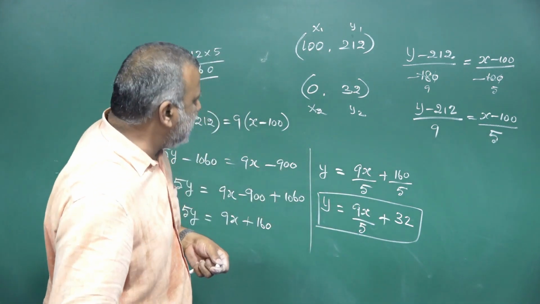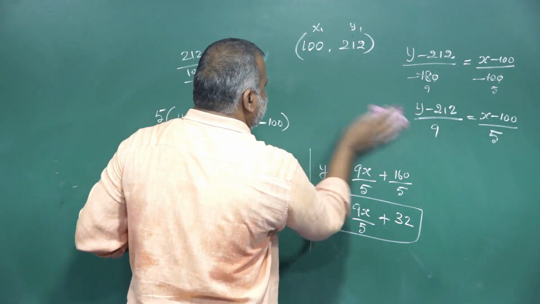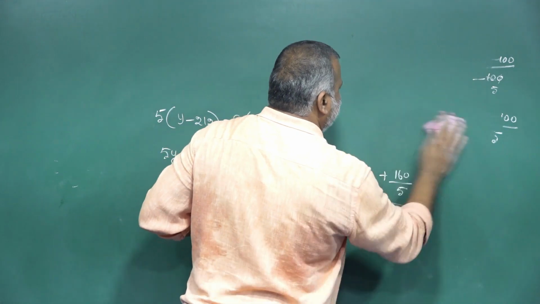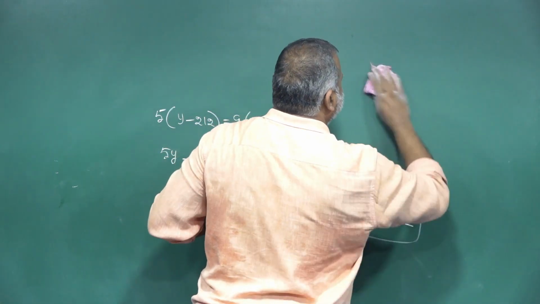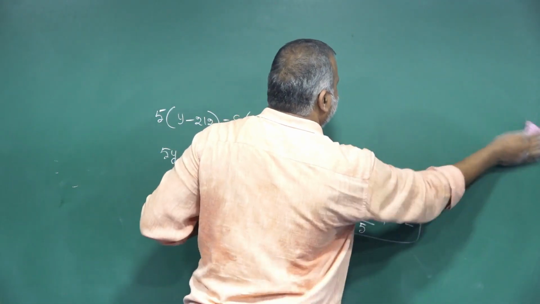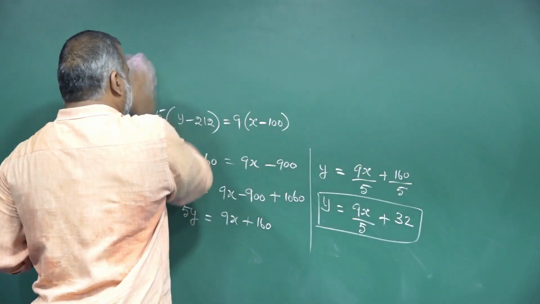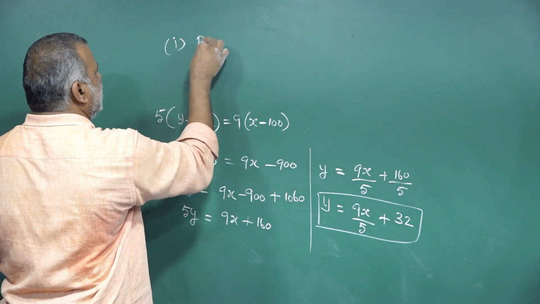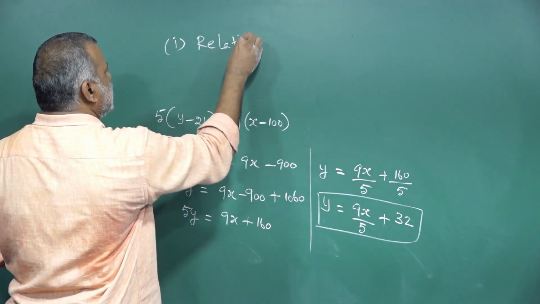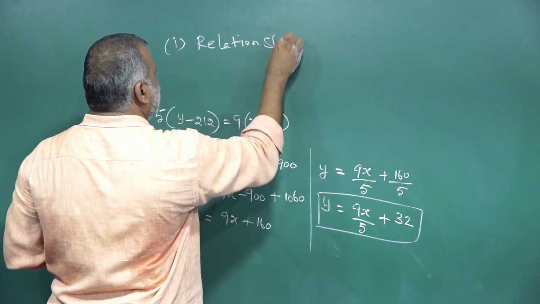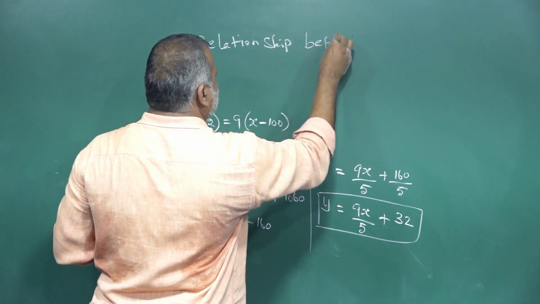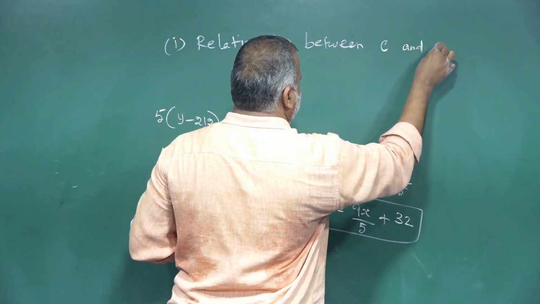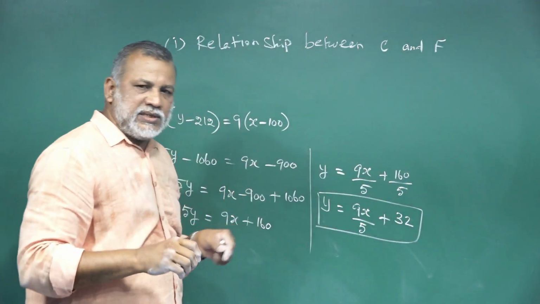Dear students, but question number 1 is asked like this: find the relationship between F and C. We have to find the result of question number 1. Relationship between C and F. See that first table column.